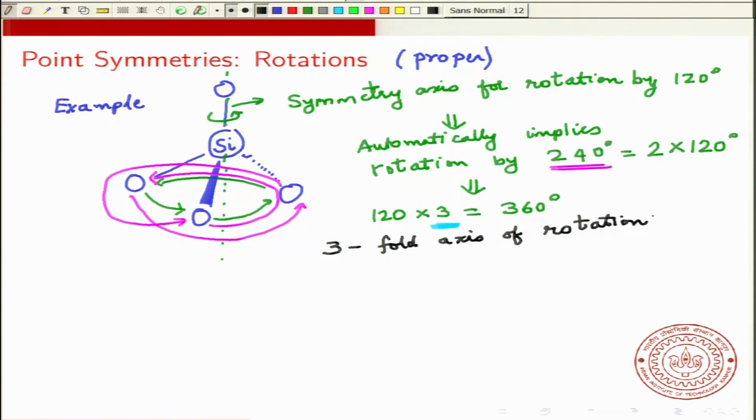We will see later on that there are two notations. We either call this symmetry Cn, which is the molecular or Schoenflies notation.